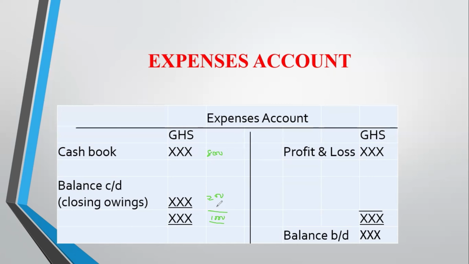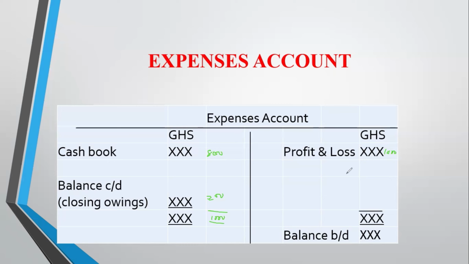If you are balancing this, 200 plus 800 will give us 1,000. So that 1,000 that you bring here is what we say is profit and loss. That is the amount that you will send to the profit or loss account. So this is on the credit side of the expense account.